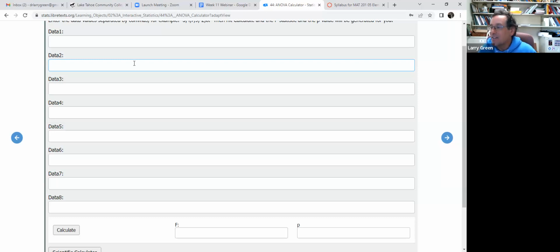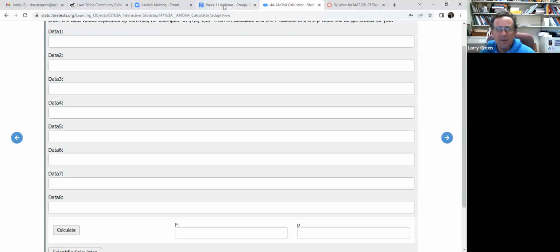So if, after this course is over, you need to do some ANOVA calculation with more than 8 different groups, then you can just use that spreadsheet I created and that will work. Okay. And there's other spreadsheets out there, but I made sure that mine has everything we do in this class at least, and even a little bit more.